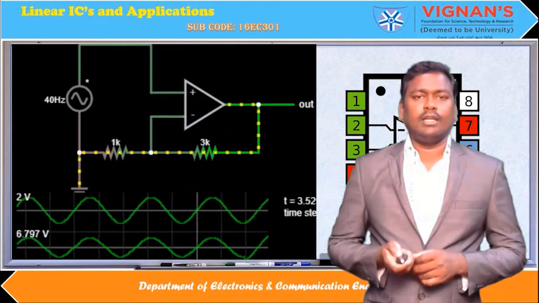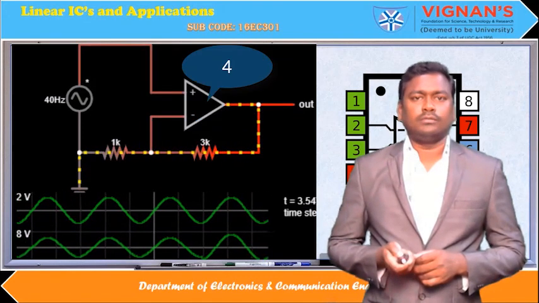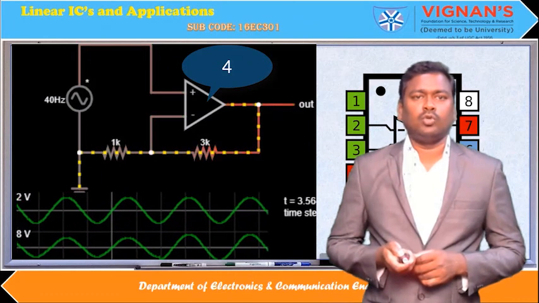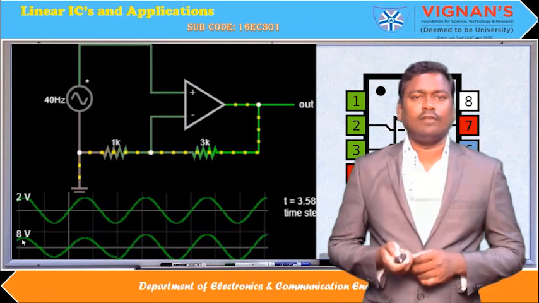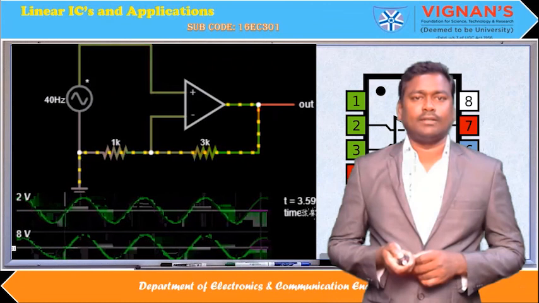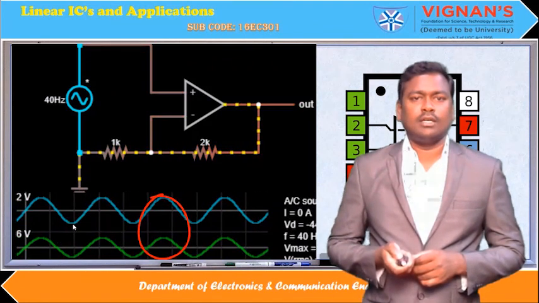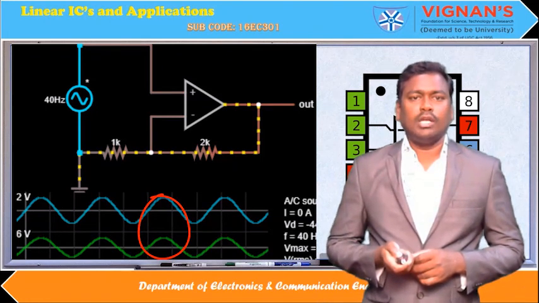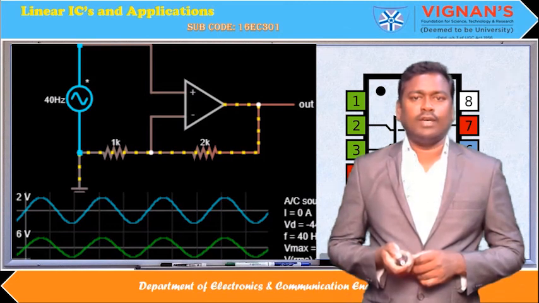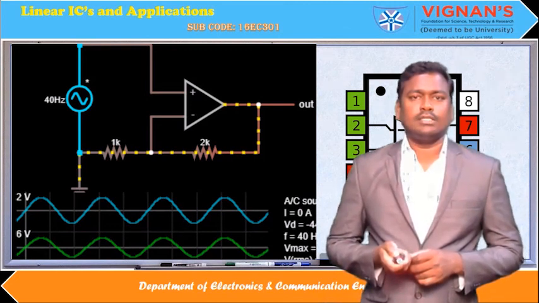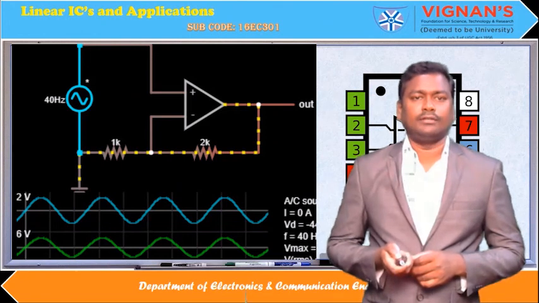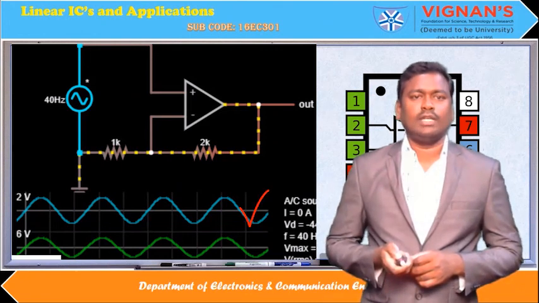In this case, the gain of the amplifier is 4. Then for 2 volts peak to peak, the output signal is 8 volts peak to peak. And if you see the input and output signals, both are in phase. So it is a non-inverting amplifier. The first one is the input signal and the second one is the output signal.